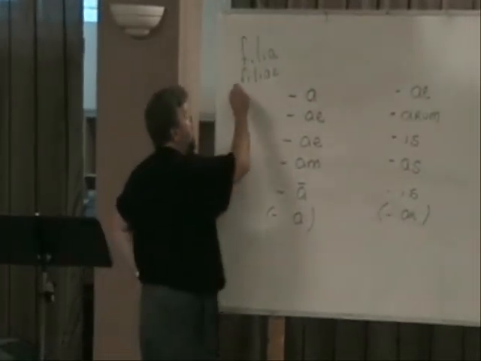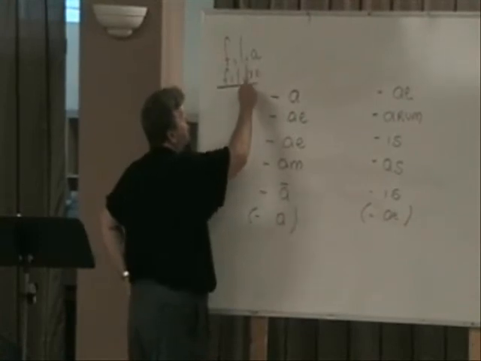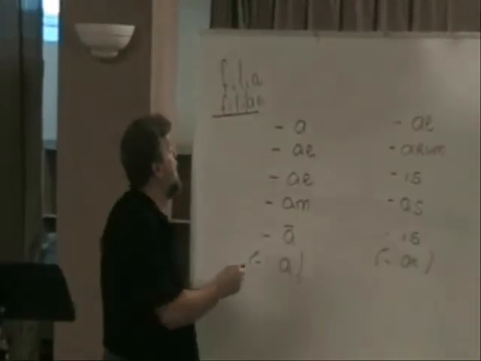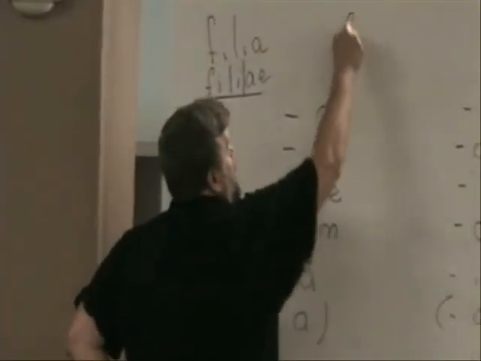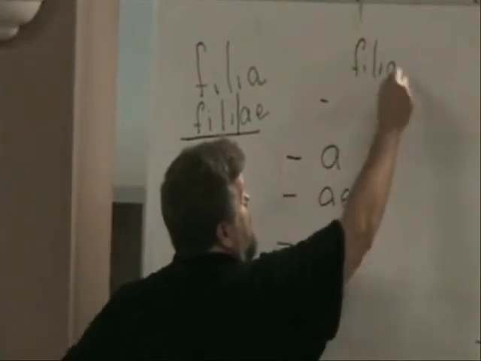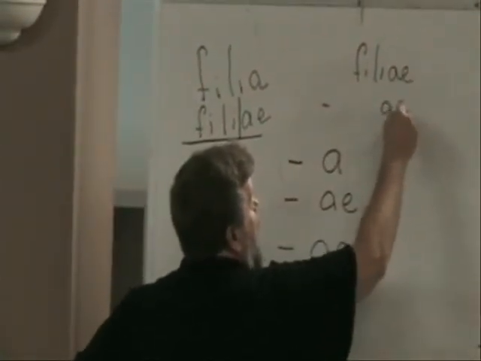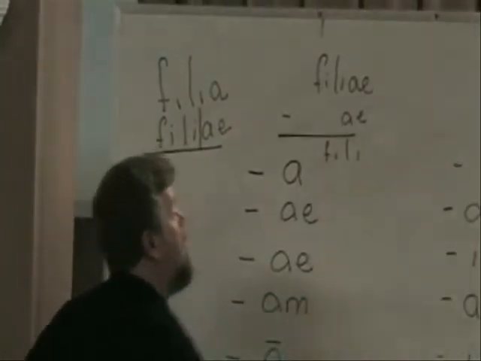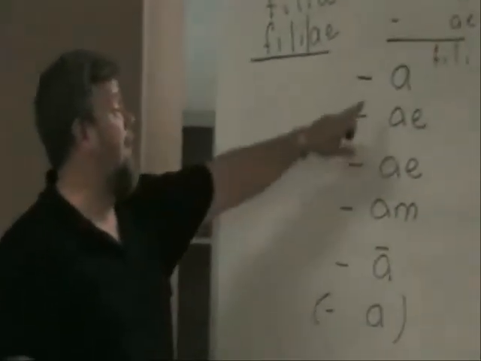From the genitive singular form, we remove the ending. So we may construct a formula as follows. Filiae minus AE gives us the stem FILI, to which we add these endings.